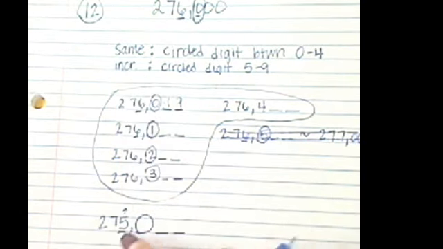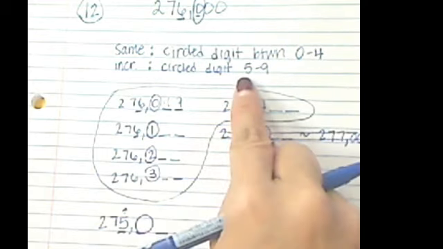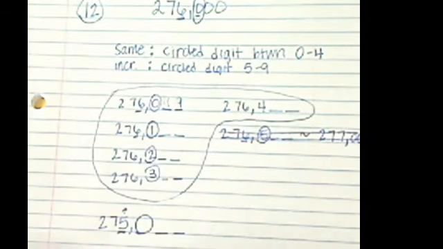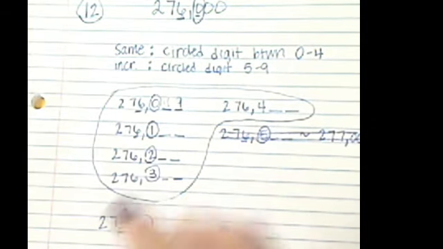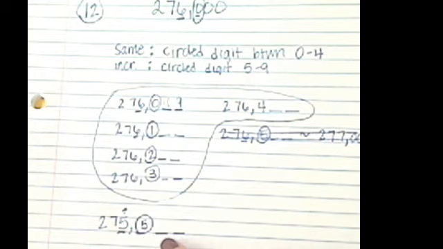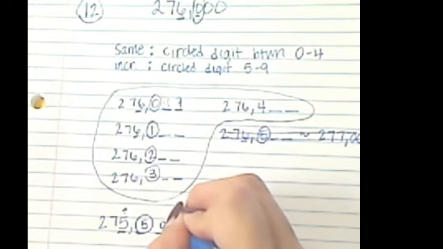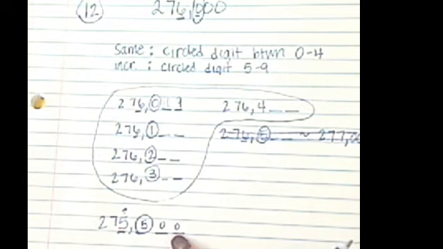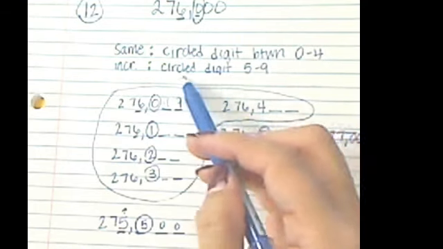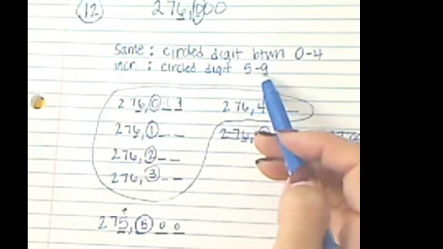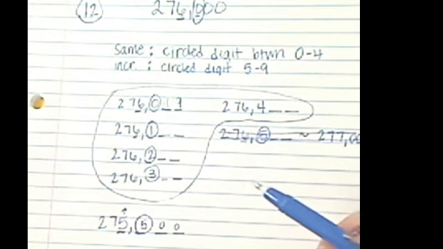Well, if we want to increase this underlined digit, then the number inside the circle needs to be between 5 and 9. So it can be 275,500 something. I could even say 500. It doesn't matter what's here, because the digit inside of the circle is what determines what happens to the underlined digit. So if this is 5, the circle digit is between 5 and 9, so we increase the underlined digit.